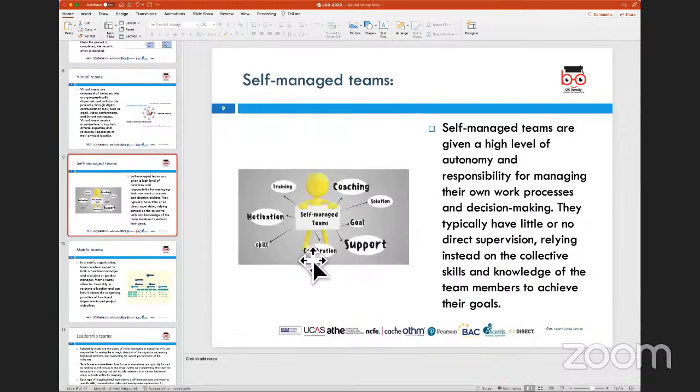Now, there are other types as well. There are self-managed teams. Sometimes you will see that in some organizations, the manpower is very special. That means they have years of experience. They are considered subject specialists or experts within that area.